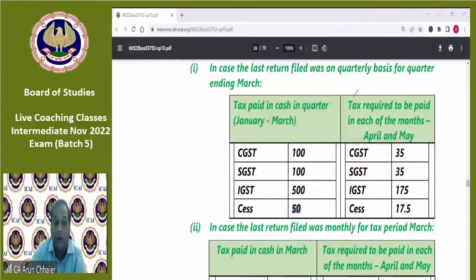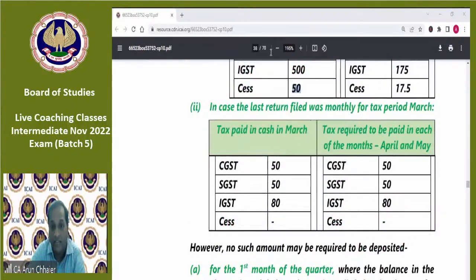Let's suppose the last return I was filing was under the monthly scheme, not under QRMP. Then whatever taxes you paid in cash, an equal amount you will pay in cash for month 1 and month 2.